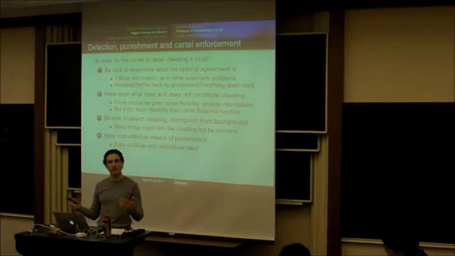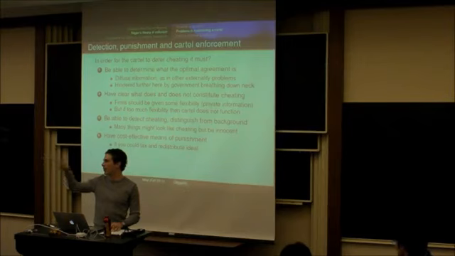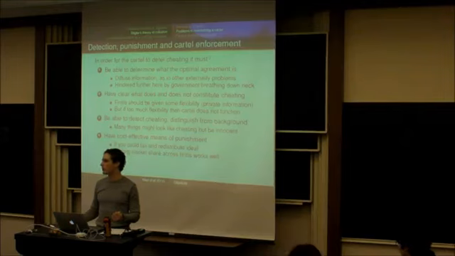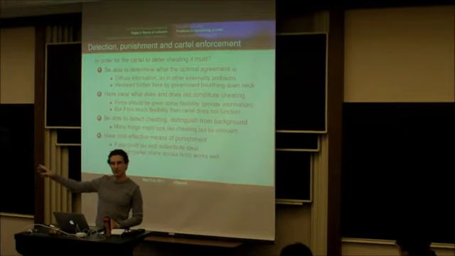So the ideal thing would be if you could just tax the people who cheat and redistribute to other people. That would be the ideal way to do it. And one way to do that is by shifting market shares. So you could say, if you cheat today, well then in the future you're going to get less of the allocation of the production for the cartel, right?